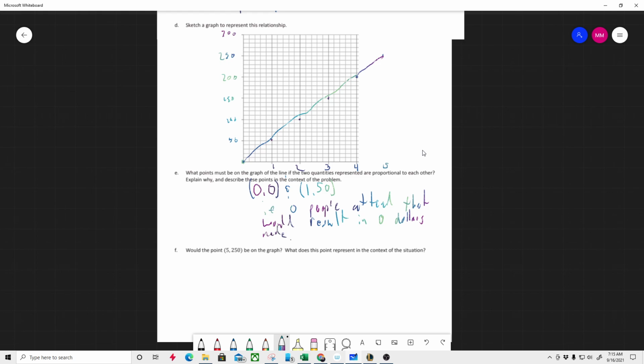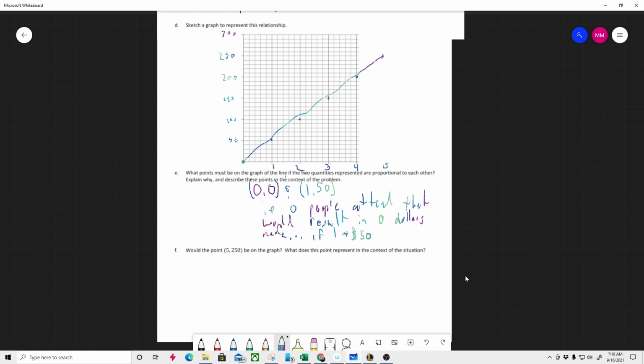Maybe a period, or the famous arrow. And then if 1 person attends, arrow, $50. Just try not to write as much and use symbols and stuff. Math teachers should understand symbols. They're smart people.